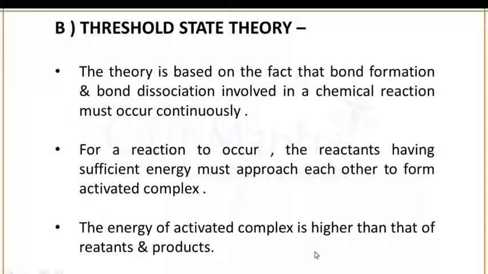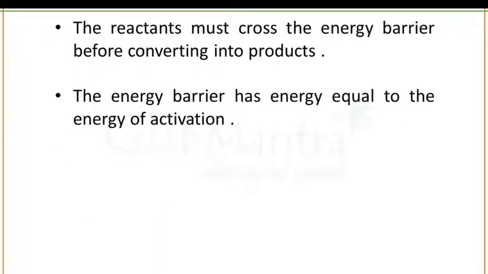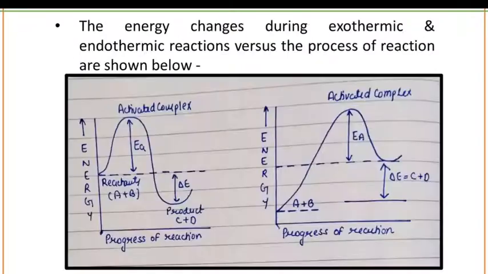And the energy of the activated complex is always higher than that of reactants and products. This is about the threshold state theory. The reactant must cross the energy barrier before converting into product. Now, what is the energy barrier? The energy barrier is nothing but the energy for activation. So, this was about the threshold theory.